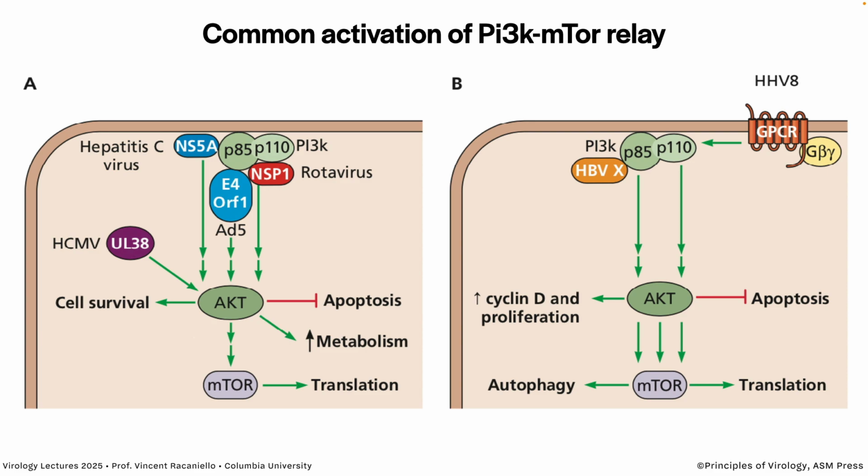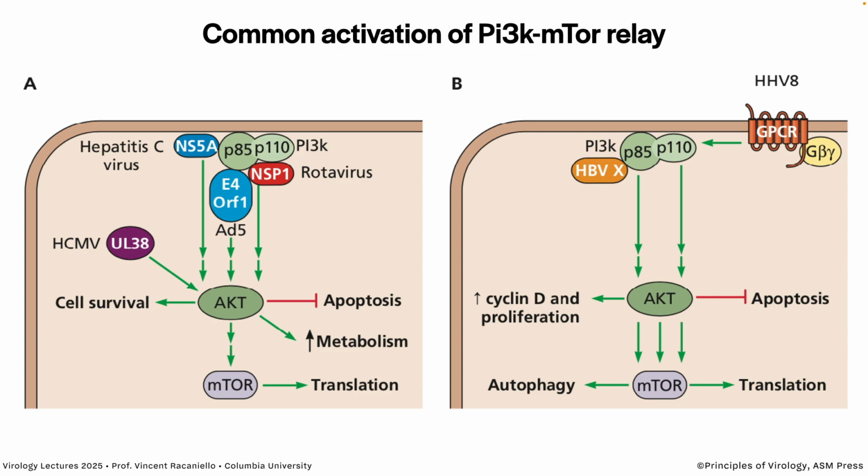So many viral proteins, as you can see here: hepatitis C NS5A, rotavirus NSP1, adenovirus P110. These activate the AKT pathway, as does a cytomegalovirus protein. So this leads to cell survival, not apoptosis, so that the cells live a long time so the virus can reproduce, and it activates translation and it hikes up metabolism. So these are beneficial for virus multiplication.